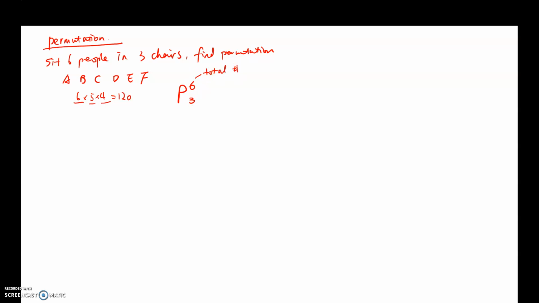For example, if I have 10 people to seat in 3 chairs, that becomes P 10 3, okay? So the way to do it is 6 times 5 times 4. Also, I can write it as 6 factorial over 3 factorial, because it's 6 times 5 times 4. Make sense? And that can also be written as 6 factorial over (6 take away 3) factorial, okay?